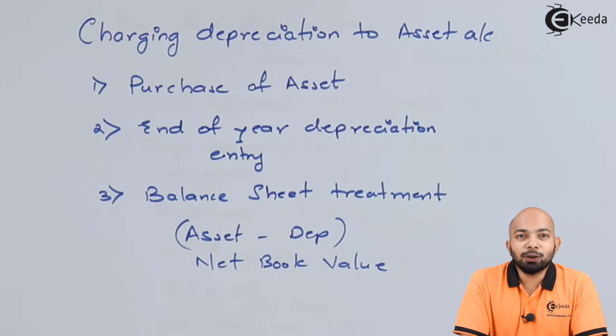So when we speak about reducing the value of the asset, it is nothing but reducing the actual value, or probably the book value of the asset, which will give you the net book value of the asset. When we do this, we are reducing the value of the asset every year, just to make sure that we have a true and fair financial picture of any business concern.